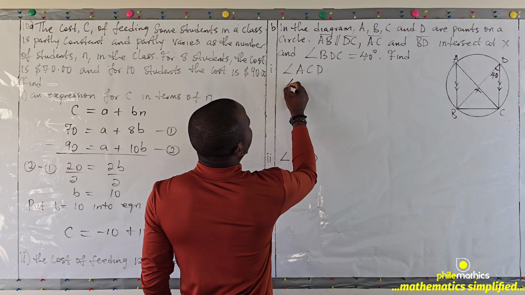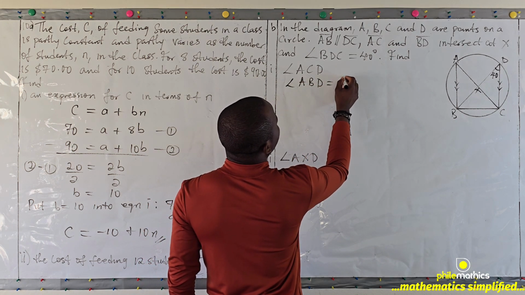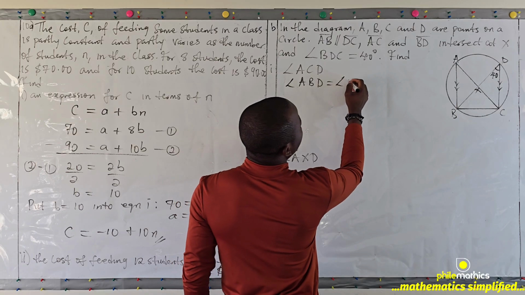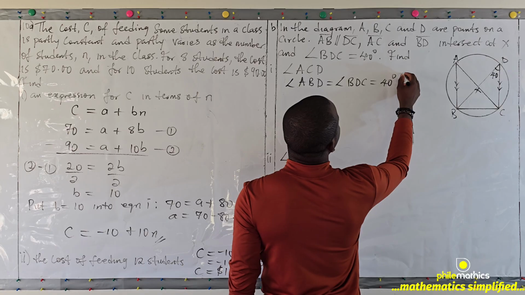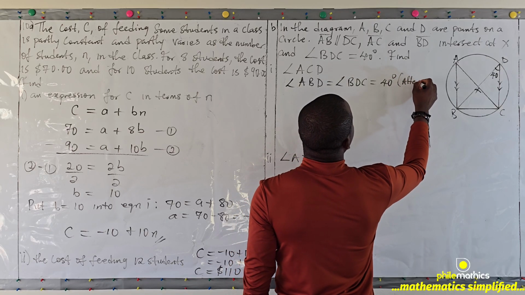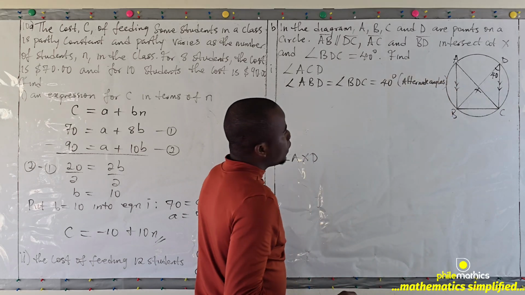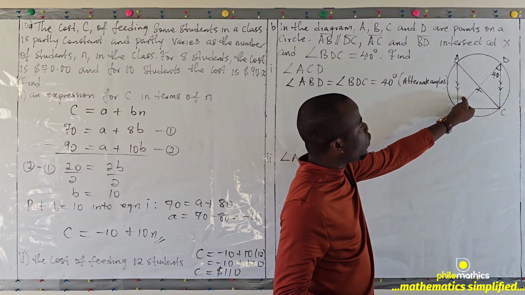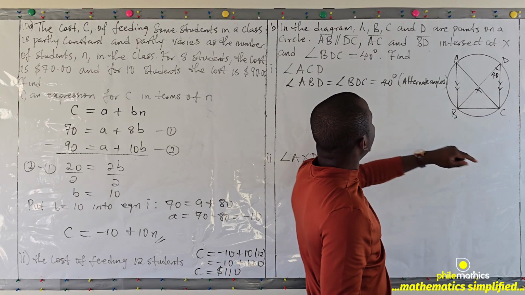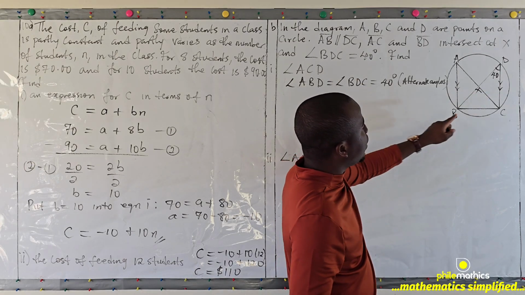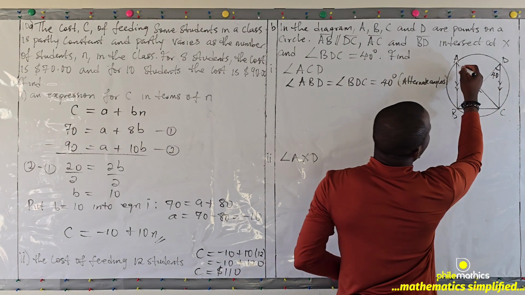So, angle ABD equals angle BDC equals 40 degrees. Reason is alternate angles are equal. So if here is 40 degrees, here is also 40 degrees, which is what we are looking for, ACD. And the reason is angles on the same segment, because they lie on this segment.